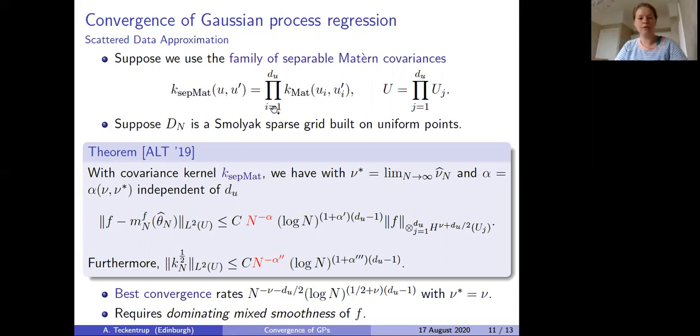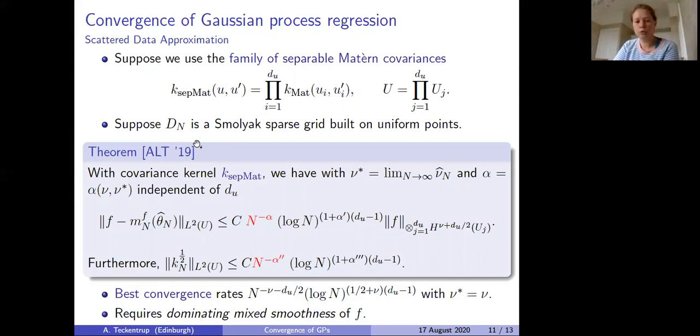I don't have that much time to talk about it, but essentially, yeah, once you switch to these kind of spaces of mixed dominating smoothness, as I said, they're tensor products of one-dimensional Sobolev spaces. So you then end up assuming that you have a tensor product domain and also working with a tensor product type kernel. So you just have the product of one-dimensional Matérn kernels.